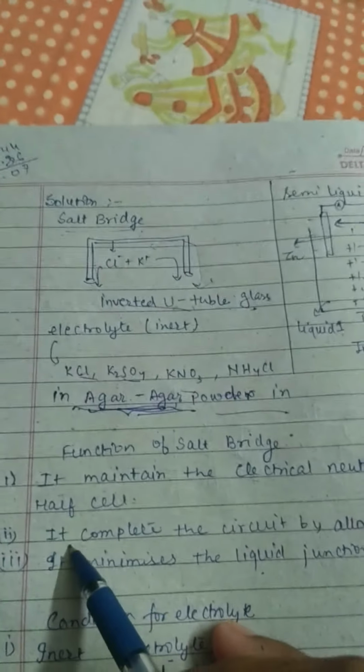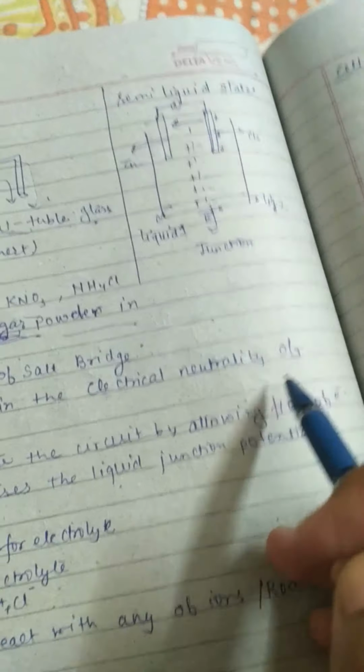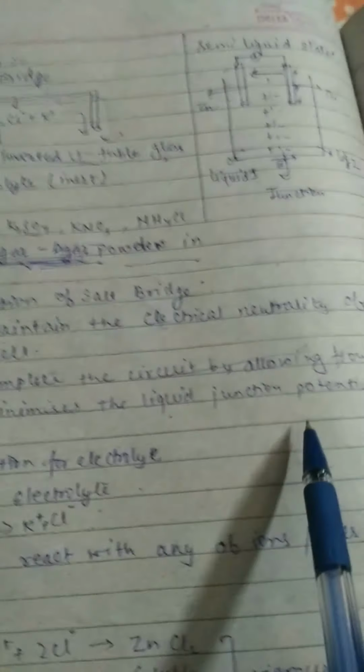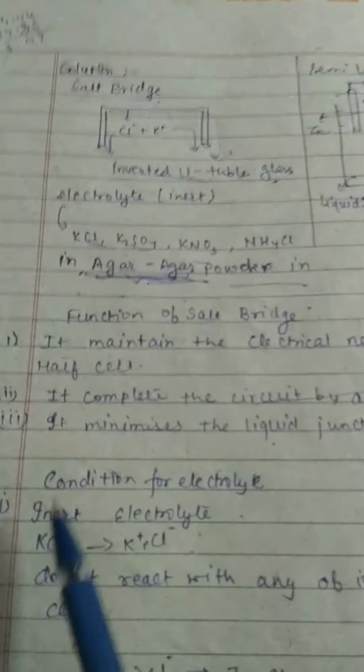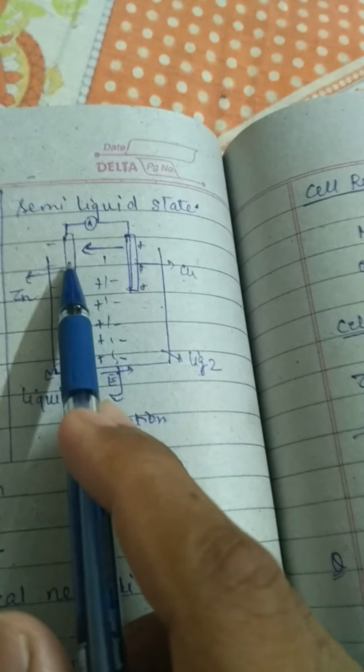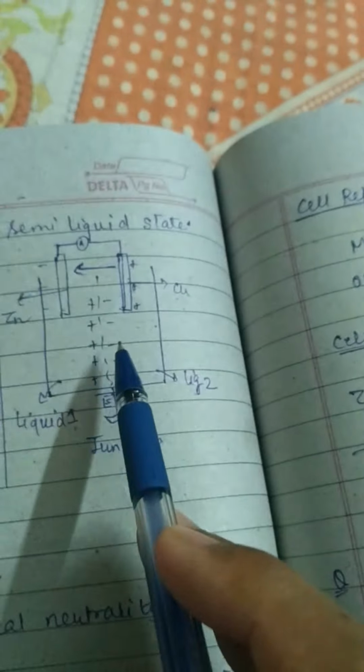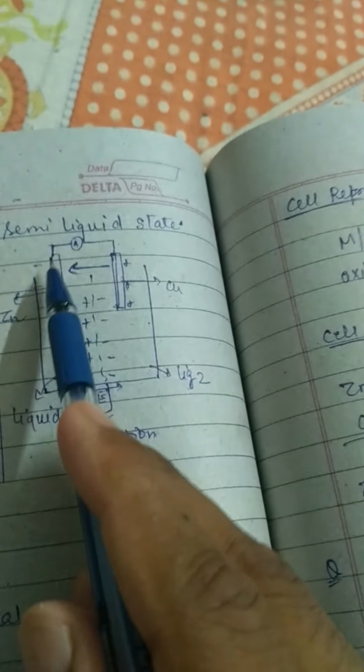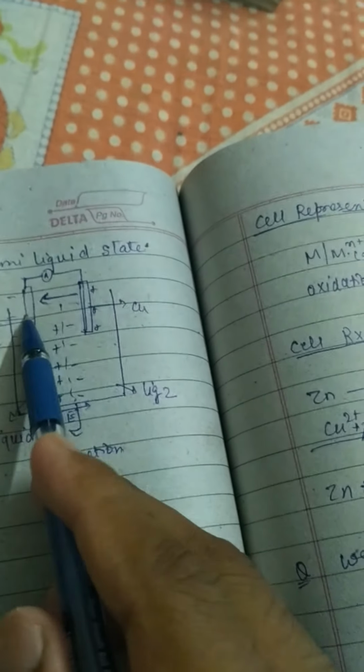The second function is that it completes the circuit by allowing the flow of electrons. And the third is that it minimizes the liquid junction potential. What is liquid junction potential? The anode is negative and the cathode is positive, so the electric field goes from positive to negative.